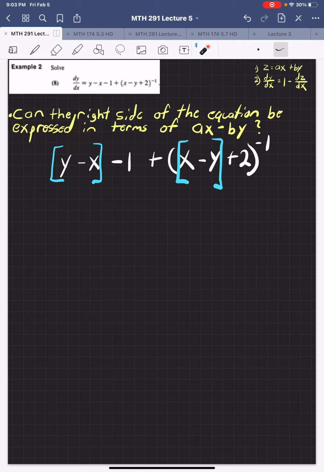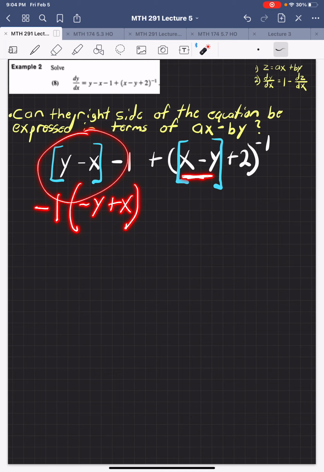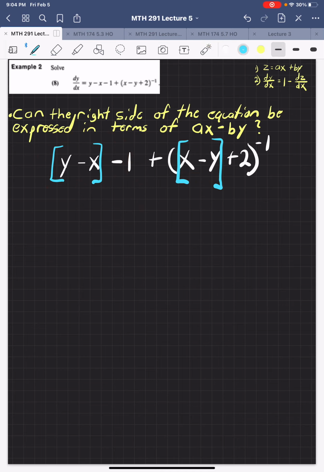But watch what happens if I just factor out a negative 1 here. Then I would be left with a negative y and a positive x, which is exactly what I have over here, a negative y and a positive x. So I'm just going to factor out a negative 1.